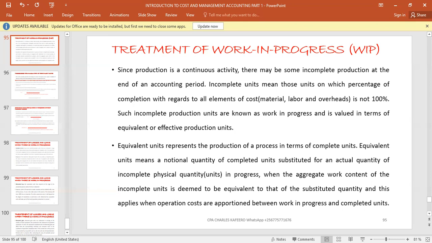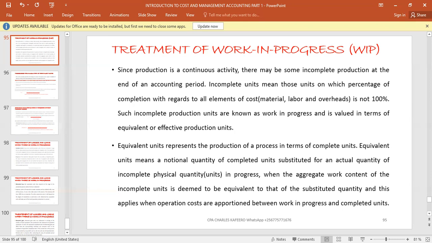Those units are the ones that we call the equivalent units. Those equivalent units come as a result of finding how much it will be within the cost of the work in progress, and how much it will be if we convert each item at a different element of cost and at a different level of completion.